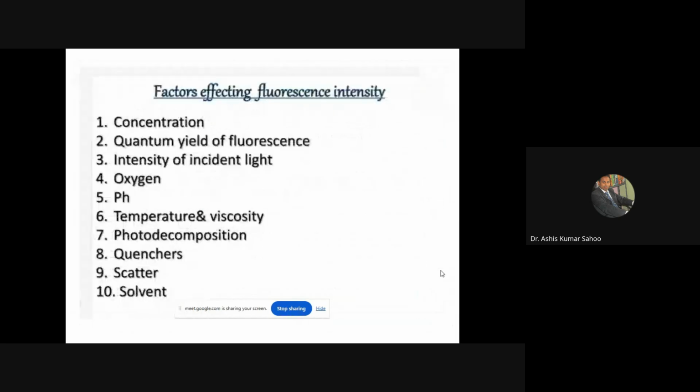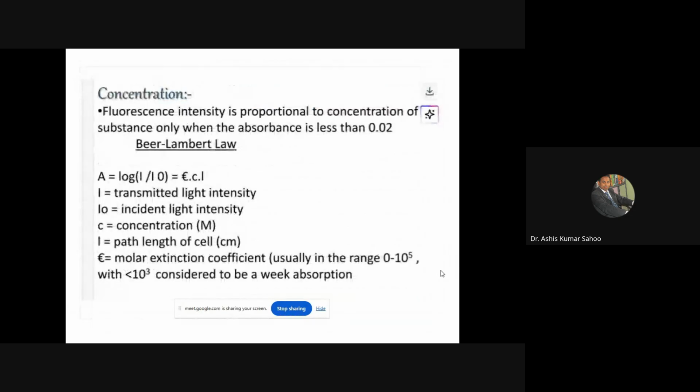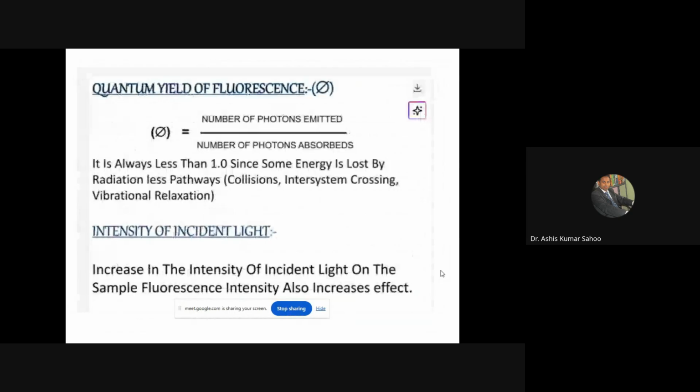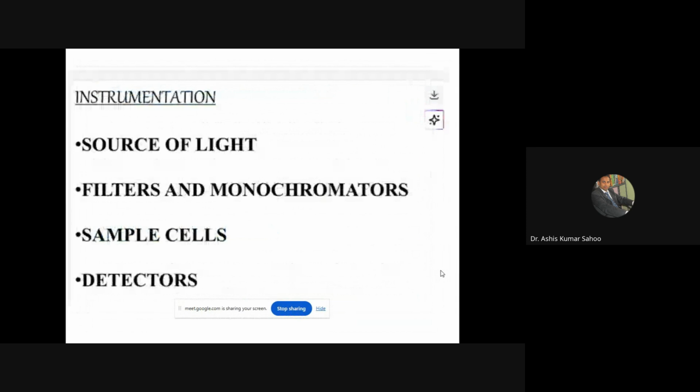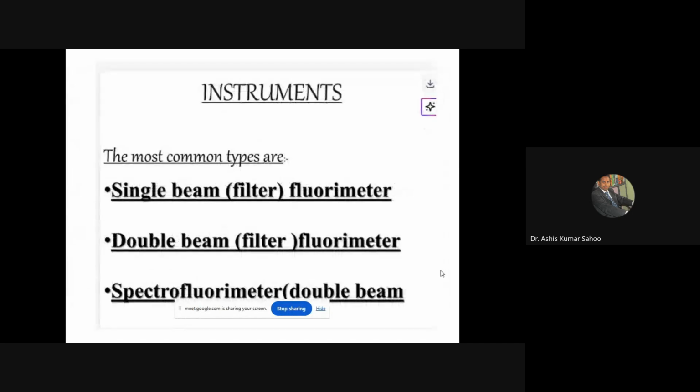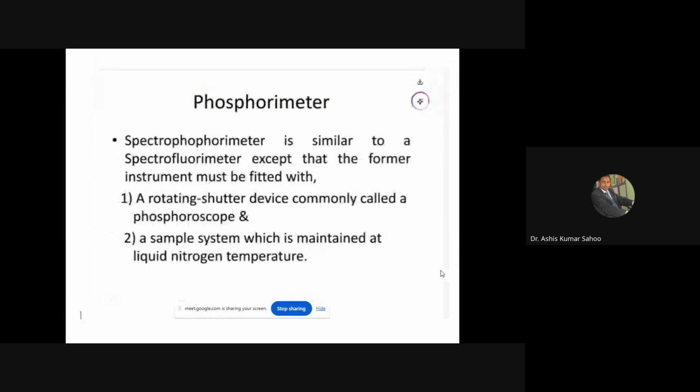So these are the different factors which will affect fluorescence intensity. Beer's law gives the concentration required for the absorption. Quantum yield is the number of photons emitted by the number of photons absorbed. Then the instrumentation: the source of light, and instruments like single beam, double beam, types of spectrophotometers.